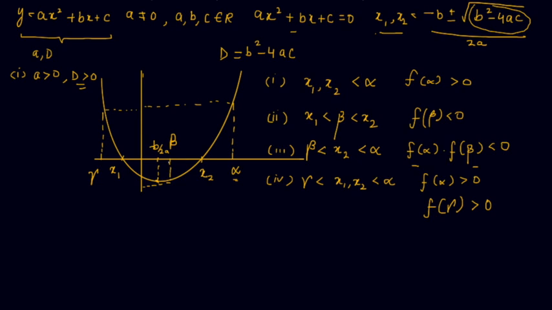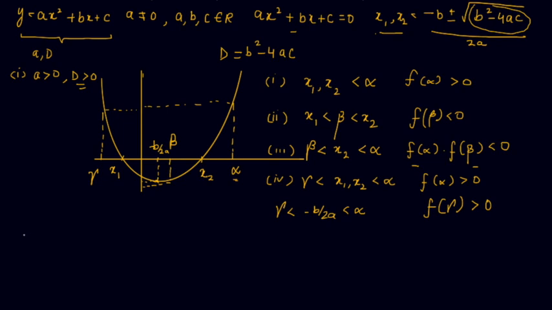At this point, when a is greater than 0, the function takes the minimum value. Since both the roots lie between alpha and gamma, minus b by 2a will also lie between alpha and gamma.